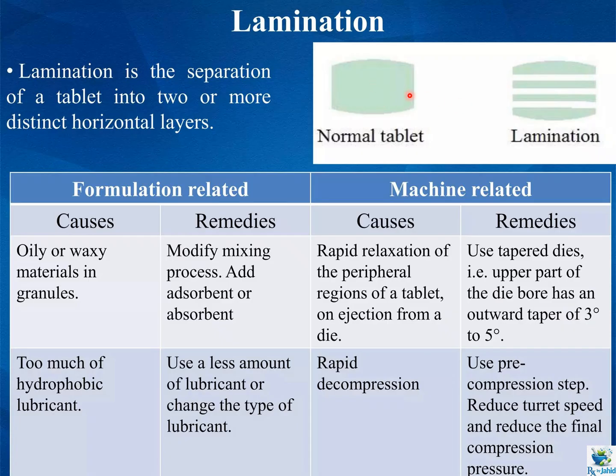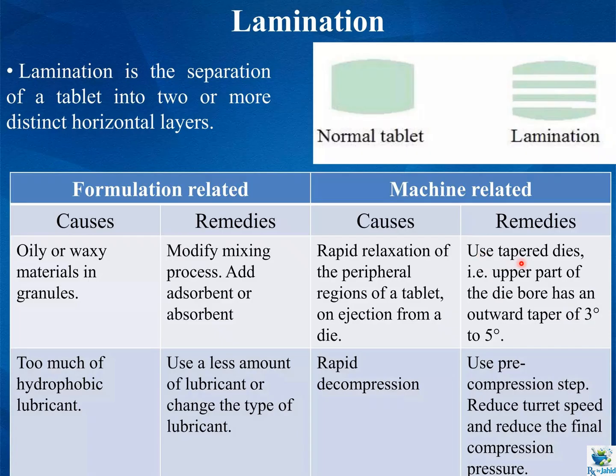However, whenever we are undergoing the relaxation, if the relaxation is very rapid, then what would happen? The fragment will have elastic recovery, and due to the elastic recovery of the fragment, this will ultimately result in separation of the fragment into different layers. So that's how lamination occurs.